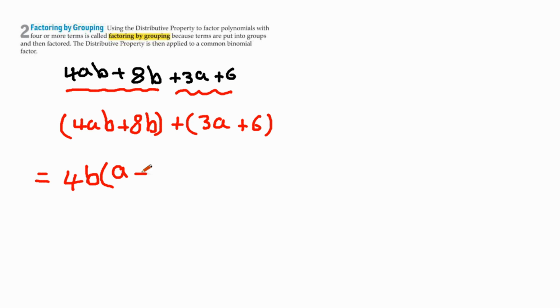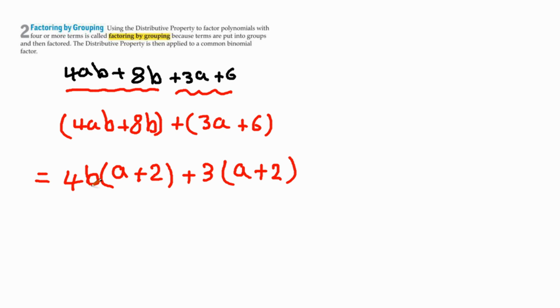It's a plus 2. Now, what about the second group? The greatest common factor between 3 and 6 is 3. And what about the letters? There are no common letters. So I will write a plus the remaining factor here, which is 2.